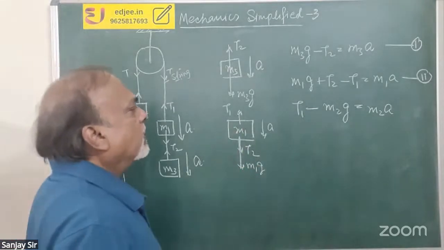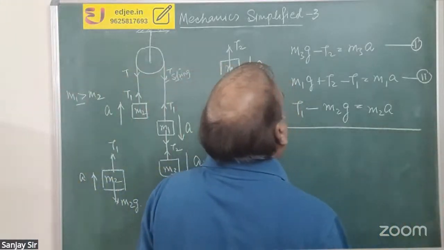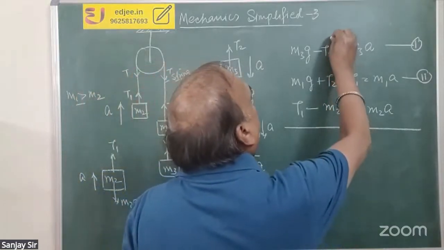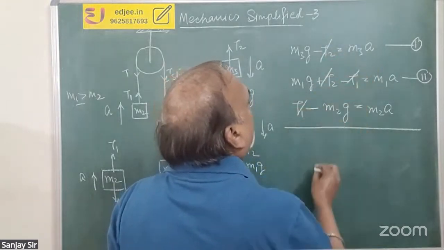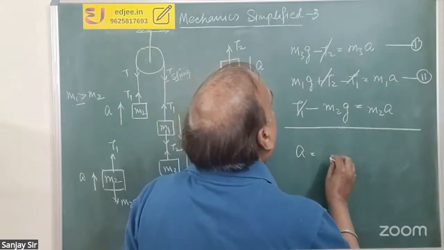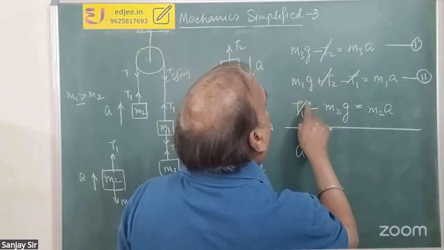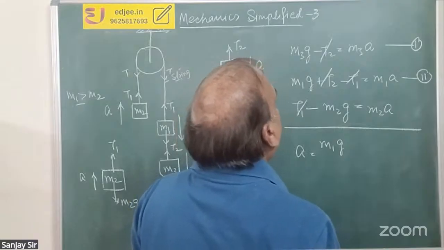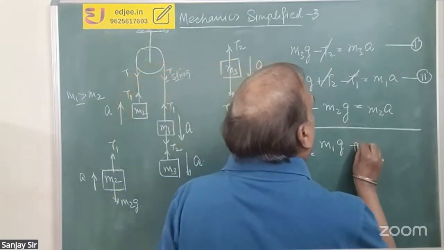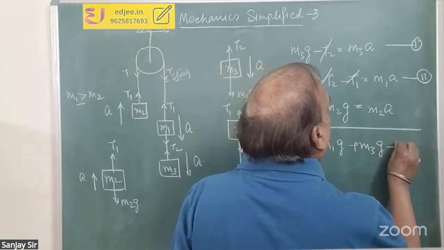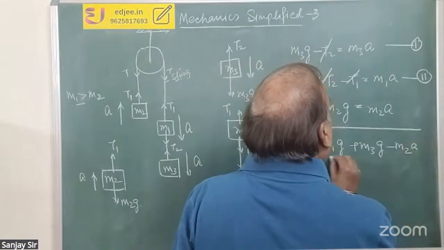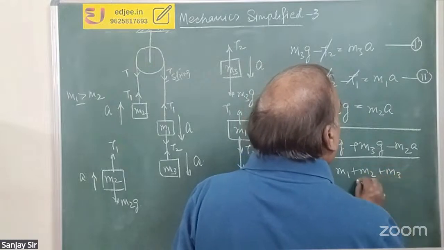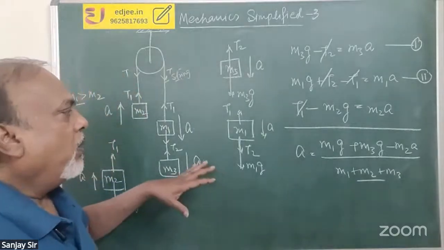If you add all these equations, then you see A is nothing but M1G plus M3G minus M2G upon M1 plus M2 plus M3.